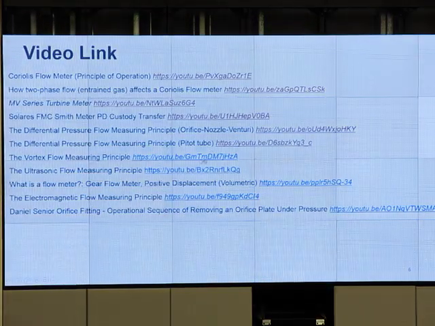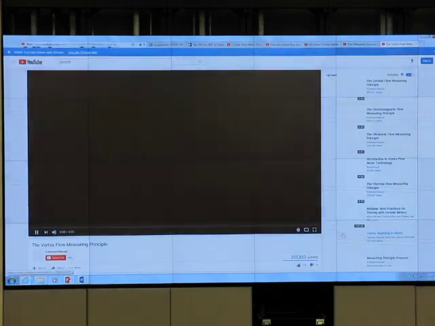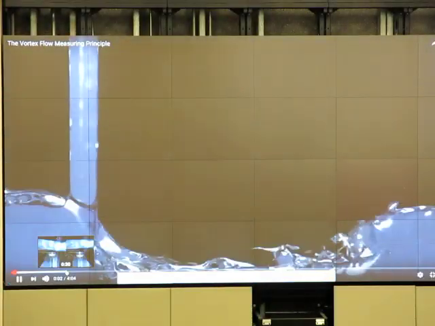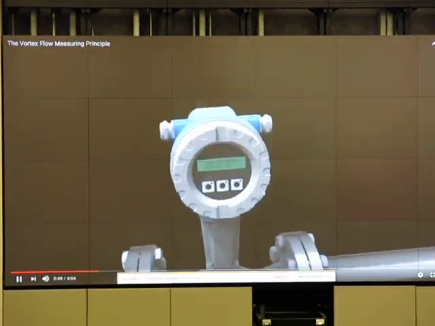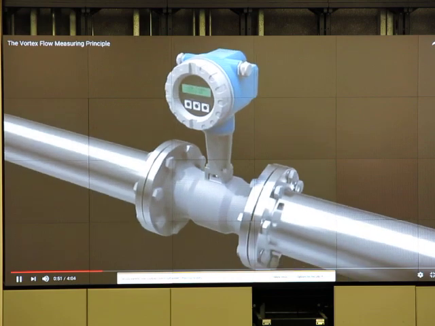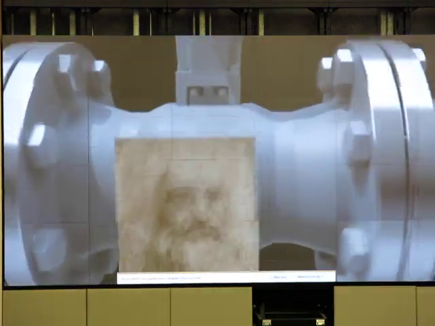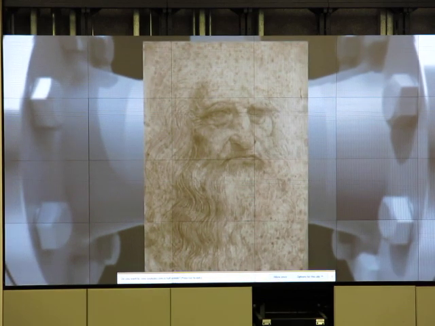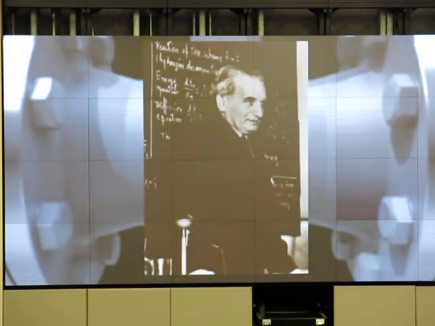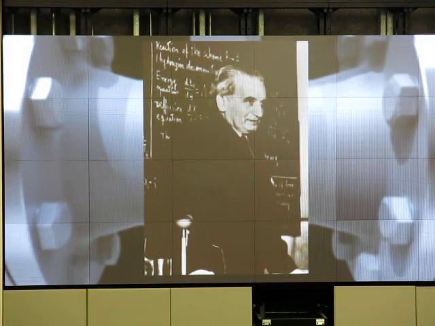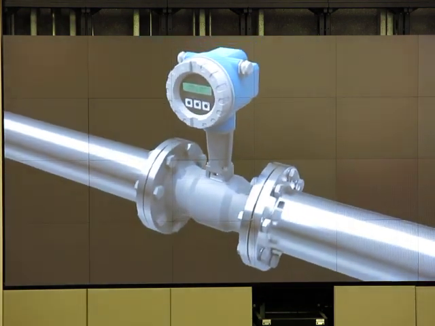And another one, vortex. Principle. In 16th century Italy, Leonardo da Vinci observed how vortices form in flowing water. Some 400 years later, Hungarian physicist Theodor von Karman described the physical laws that govern how these vortices take shape.